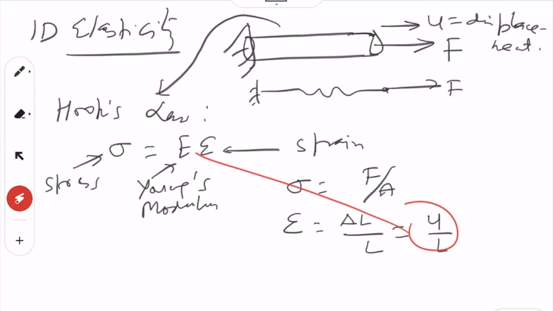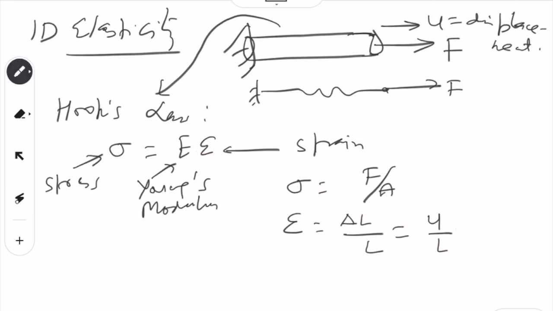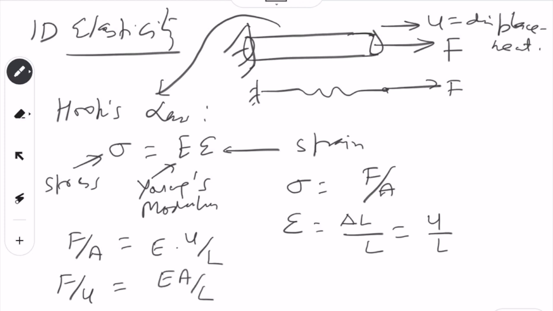Then what will you get? We get sigma, so F over A is equal to E times epsilon, so u over L, and hence we get F over u is equal to EA over L. Which is equal to K, right?